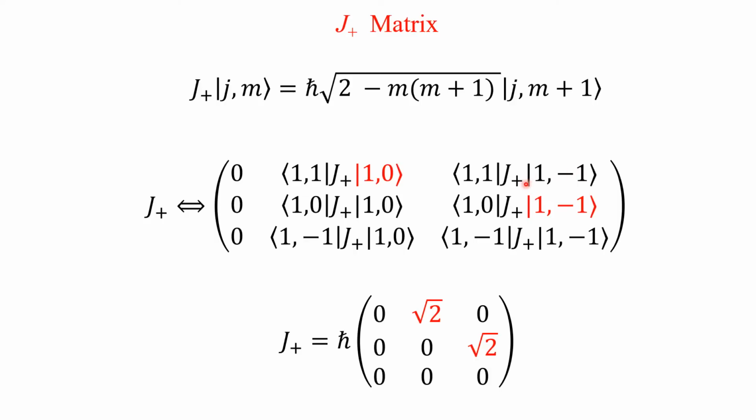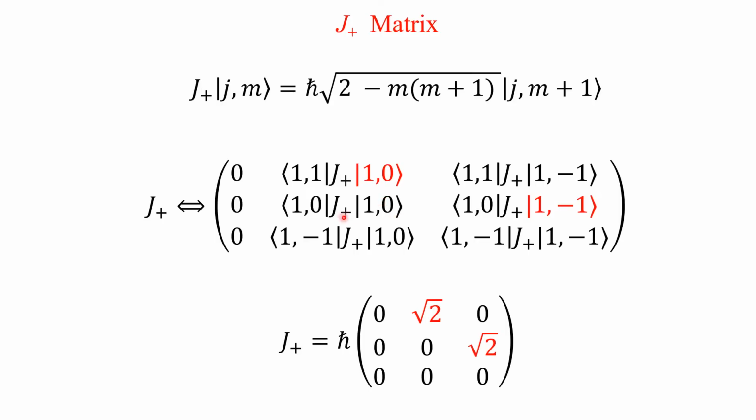What about this? When the rising operator acts on this m, because the rising operator and lowering operator will affect only the m, changing the state of m, not the j. So when it acts on minus 1, this will become 0. So bra and ket vectors are different. Here also the same is the case.